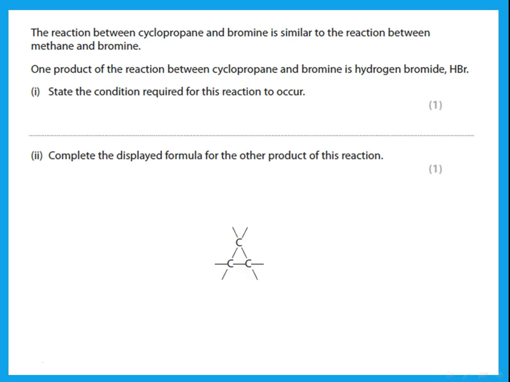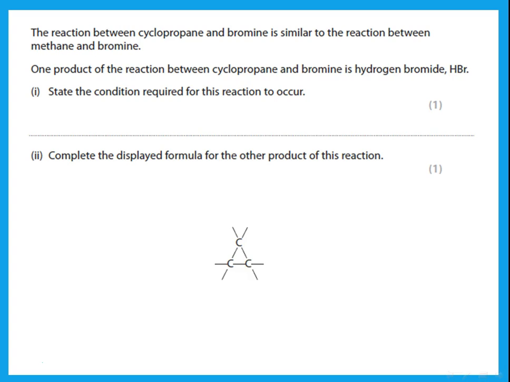Okay. Another practice question. One product of the reaction between cyclopropane and bromine is hydrogen bromide. So he's reacting cyclopropane and bromine. So he's reacting an alkane with bromine. Do you remember alkanes with halogens? What was the condition?